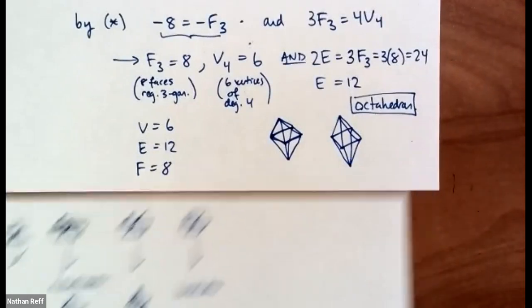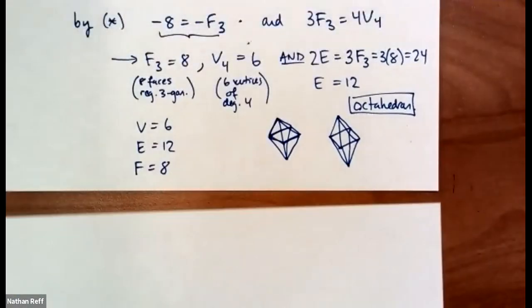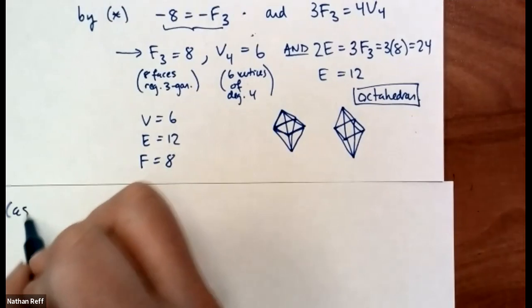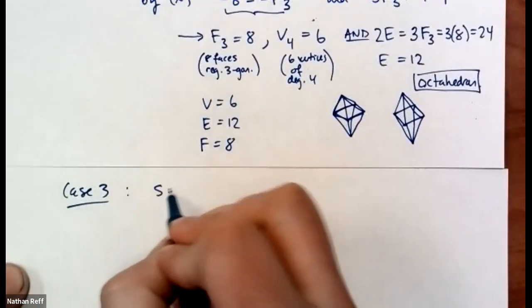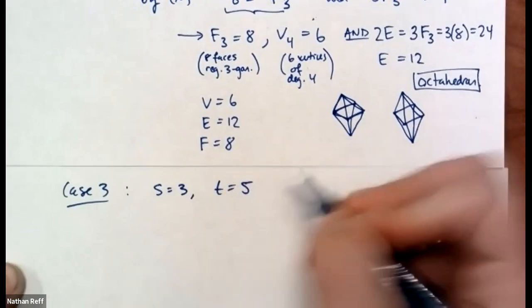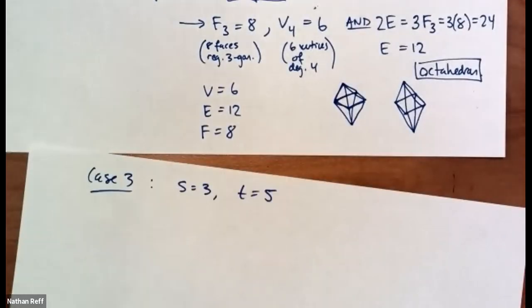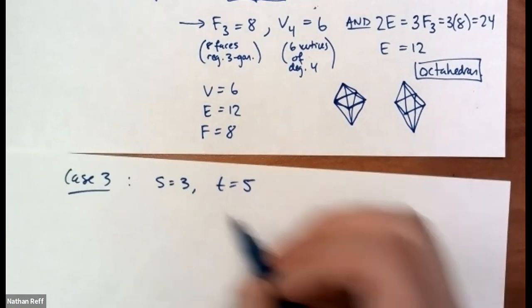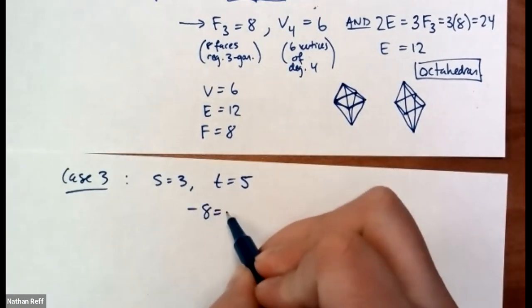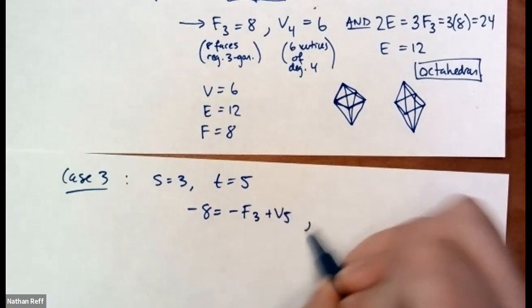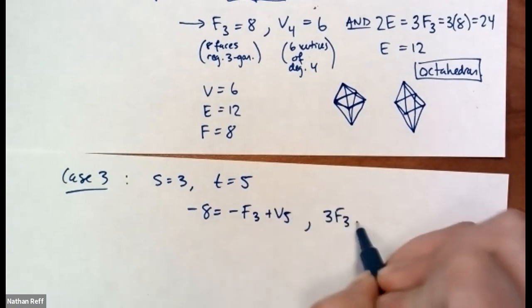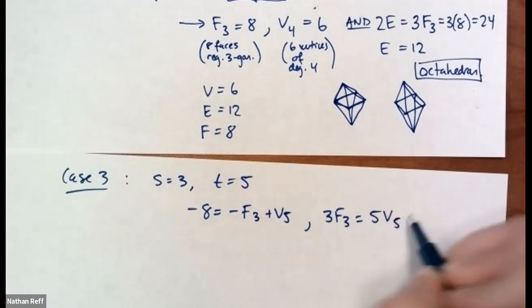Okay. Let me just give you the parameters and the solution for that one. So case 3: S is 3, T is 5. I'll kind of spoil this for you again. Plugging into the star, you get -8 equals negative F3 plus V5. And from the double 2M equations, you get this.